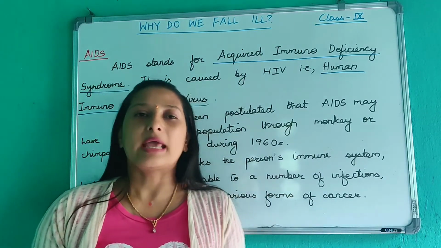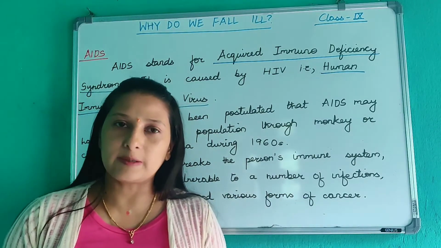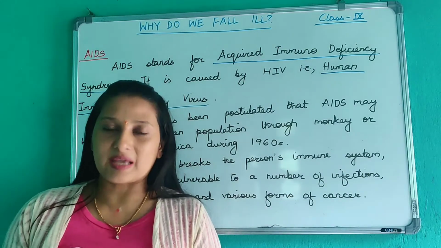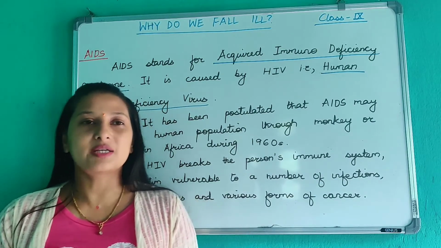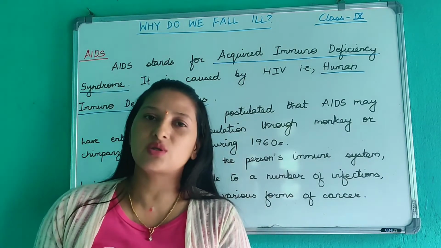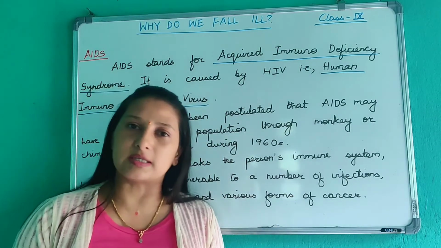For example, an AIDS patient may die of pneumonia, or from a bone marrow infection or from skin cancer or many other such diseases.